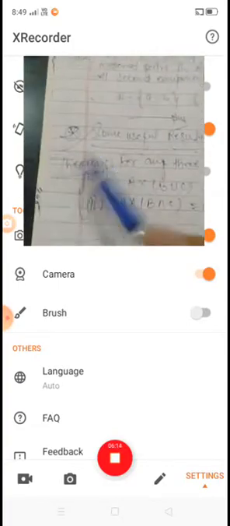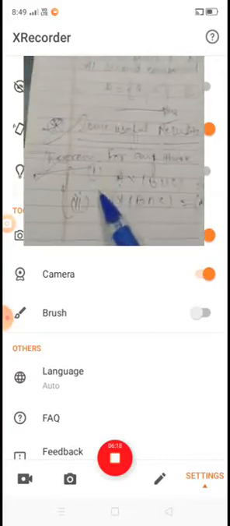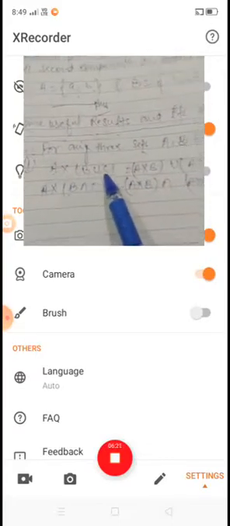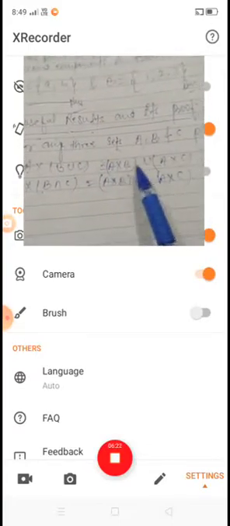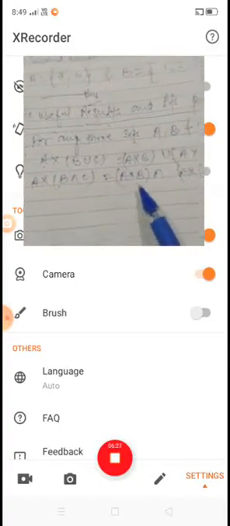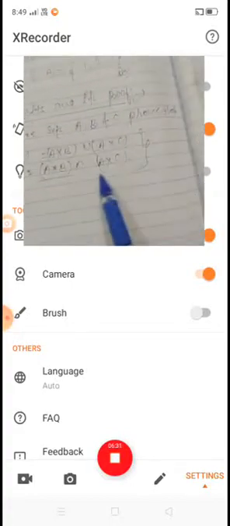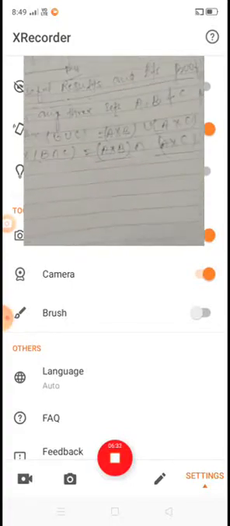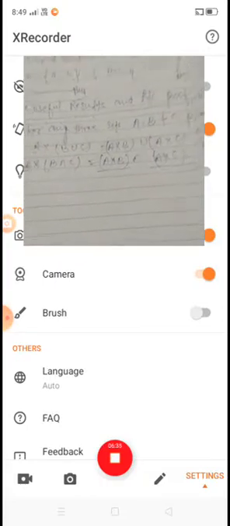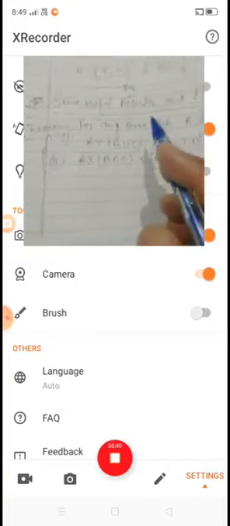Now as a theorem, for any three sets A, B and C, prove that first, A cross (B union C) is equal to (A cross B) union (A cross C), and second, A cross (B intersection C) is equal to (A cross B) intersection (A cross C). Now take the first result and prove it.